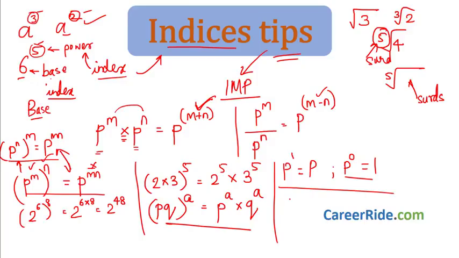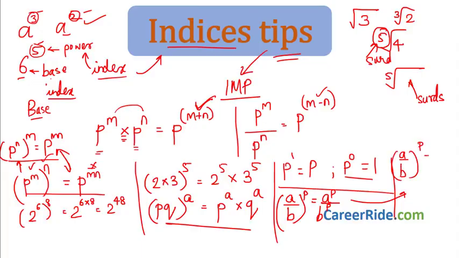Say we have a fraction a upon b, and the whole thing is raised to say p. What will we get? We can write it as a raised to p upon b raised to p. I'll write it over here for better understanding. Say a upon b, the whole raised to p. We can write it as a raised to p upon b raised to p. Very easy.